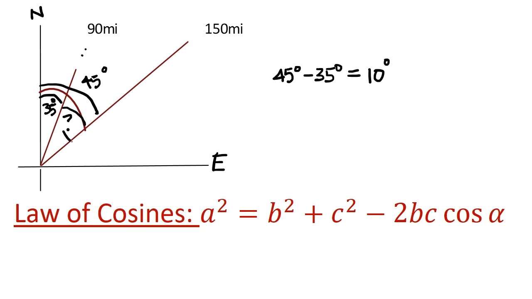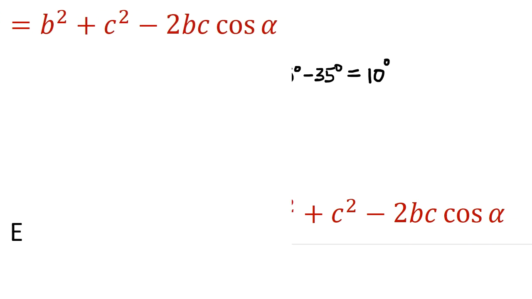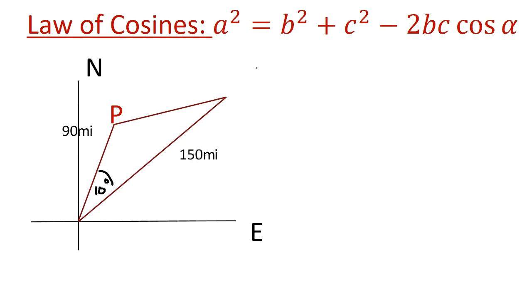So that angle there is 10 degrees, and that's going to enable me to use the law of cosines. In order to use the law of cosines, I have to know two sides and the angle between them, and I now do. I know the 90-mile side, the 150-mile side, and the angle between them is 10 degrees. We want to find this length right here, D.